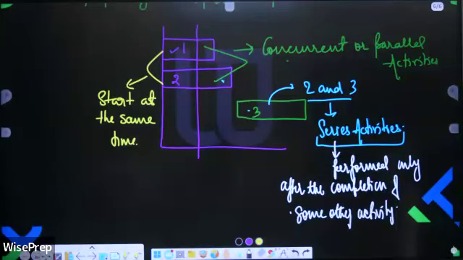Now write on the fourth point: time uncertainties. Bar charts cannot show this.